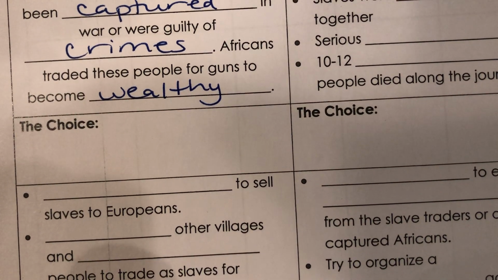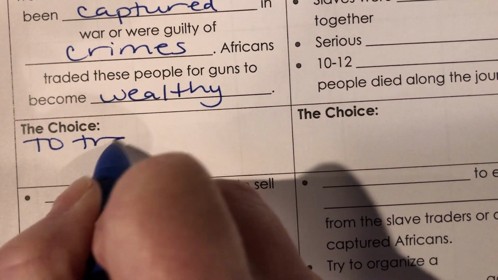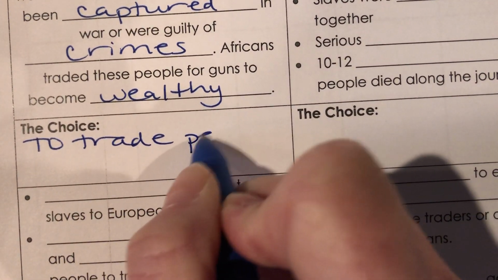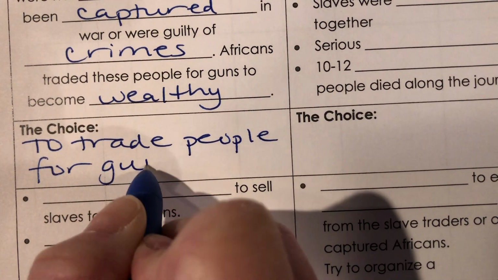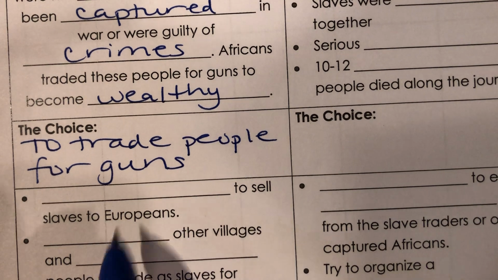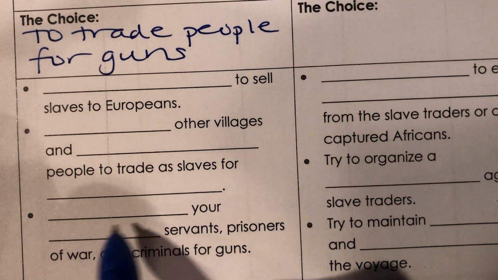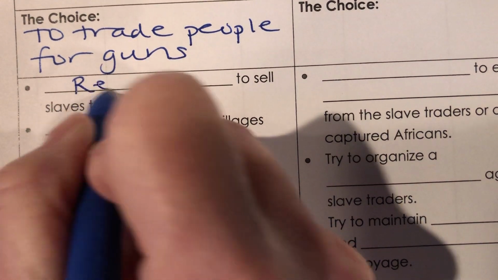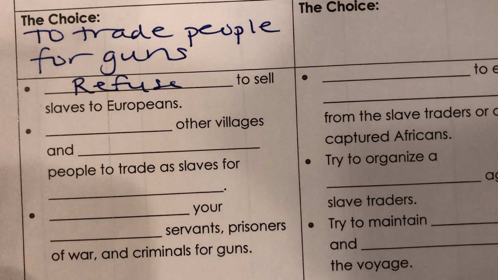So the choice that they had to make was to trade people for guns. Like, are we going to do that? And these were the 3 different scenarios. So scenario number 1, they could refuse to sell slaves to Europeans.